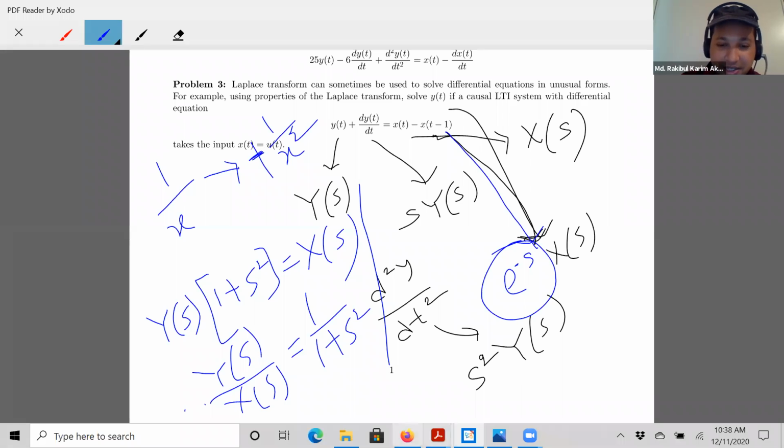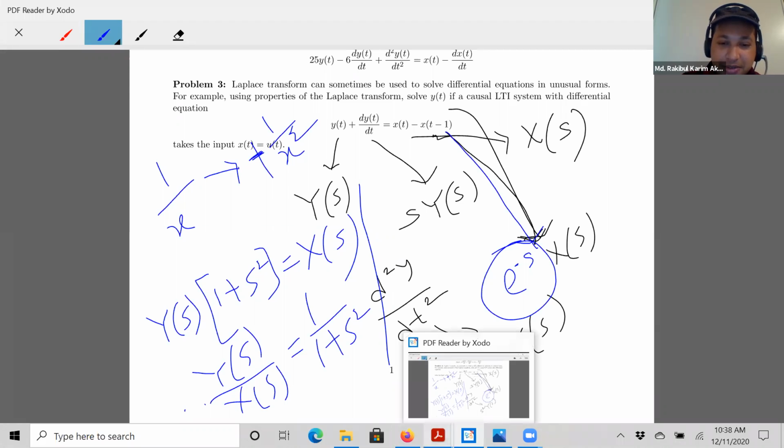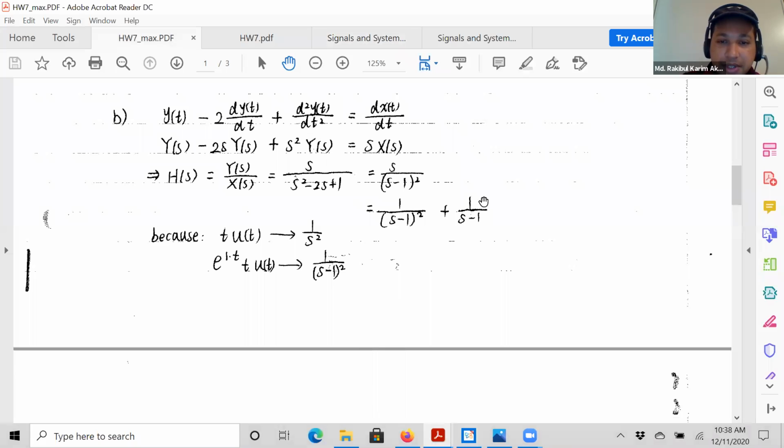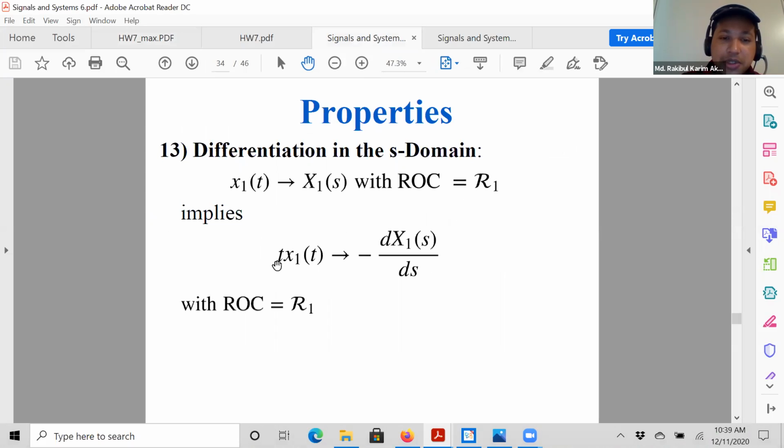Now life is easier actually. If you take this, take the differentiation and multiply with a minus sign, you get this one. And from the property, we know what you have to do in the time domain. You only need to multiply with the time t, then it's done. So same thing.